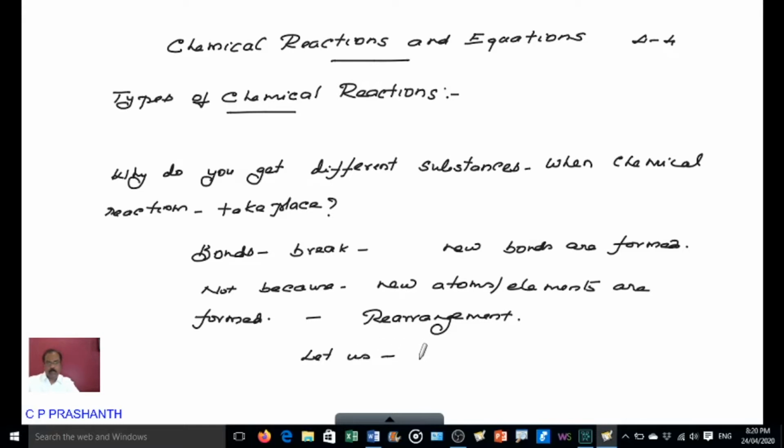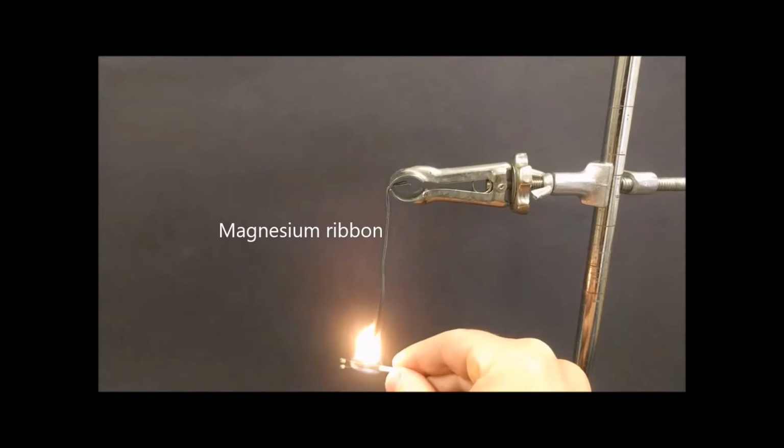So let us observe some reactions to understand different kinds of chemical reactions. So over to the reactions.